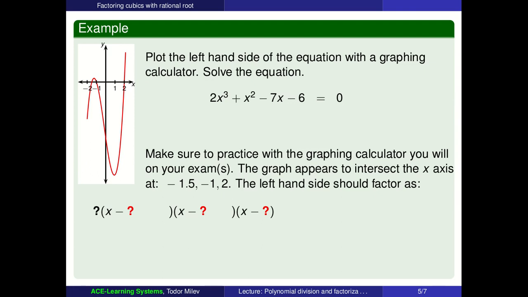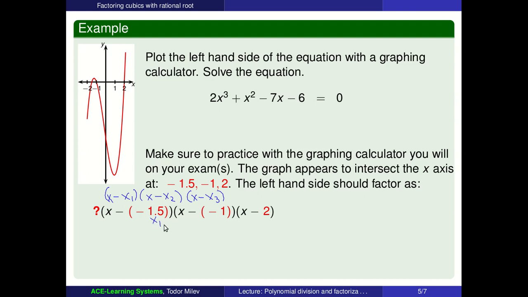Anyways, provided that our eyes are not deceiving us, the left-hand side should factor as well. It should factor as x minus x1 times x minus x2 times x minus x3, where x1, x2, and x3 are the three roots.